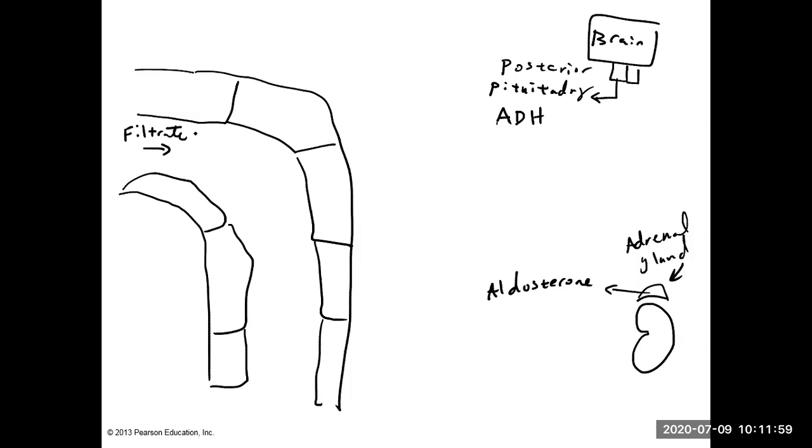Remember, 80% of water already got reabsorbed. And earlier I showed you that you took out some of the solute, so the filtrate has less solute. You're on top in the cortical areas right now, and you're beginning to go towards the medulla. All right. So the filtrate is coming.